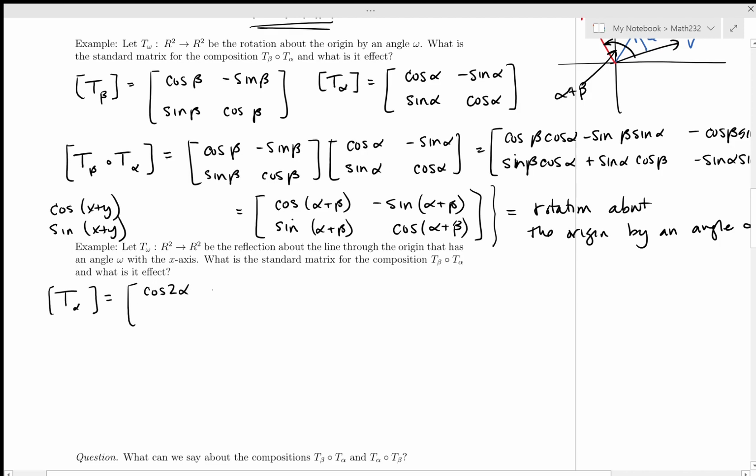So this is the standard matrix for reflection about a line that is at angle alpha to the x-axis. Okay, and then beta will look like this: the one where we reflect over that line at angle beta to the x-axis.